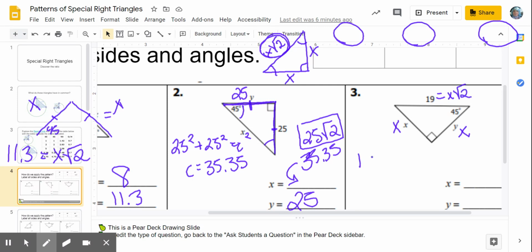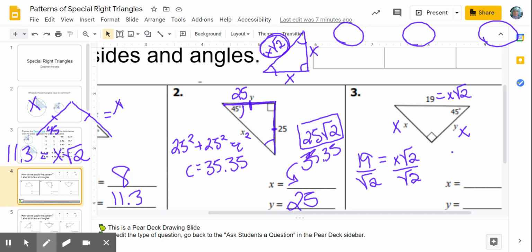So can I solve that equation? Can I just divide by the square root of 2? This is supposed to be a shortcut that we're learning today. So it's brand new information, and it really is a shortcut if you can master the pattern, just like trig and inverse trig.